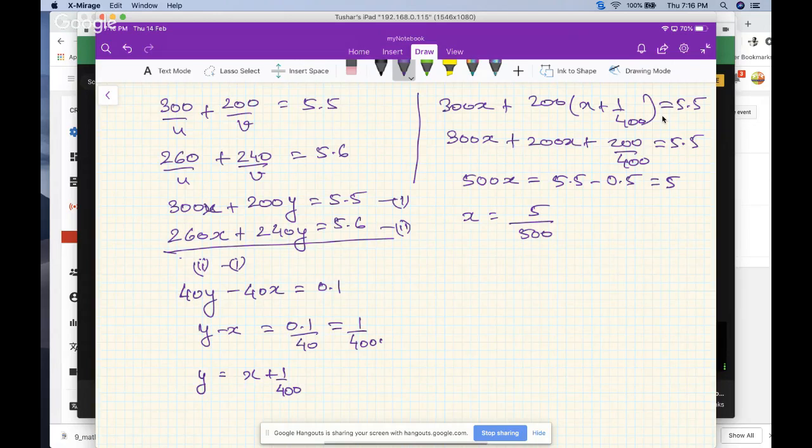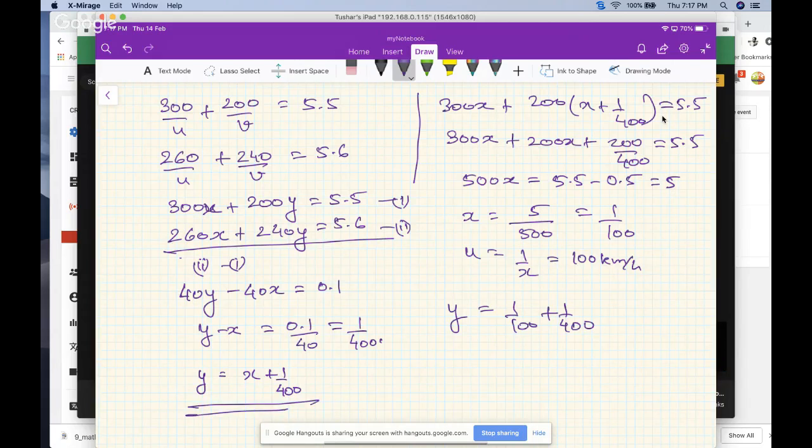Okay, so x is 5 upon 500, which is nothing but 1 upon 100. So what was u? So u is 1 upon x, which is equal to 100 kilometers per hour. So now when x is this much, what is y? Y is equal to 1 by 100 plus 1 by 400, because y is x plus 1 by 400.